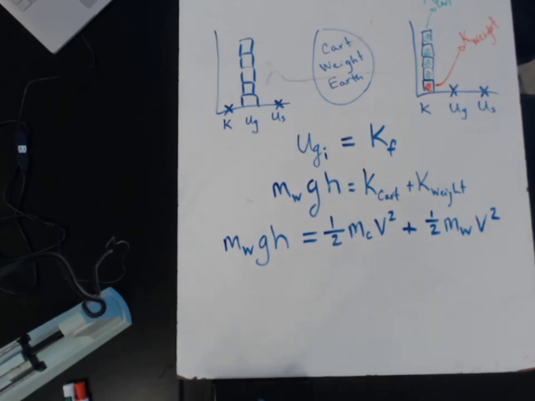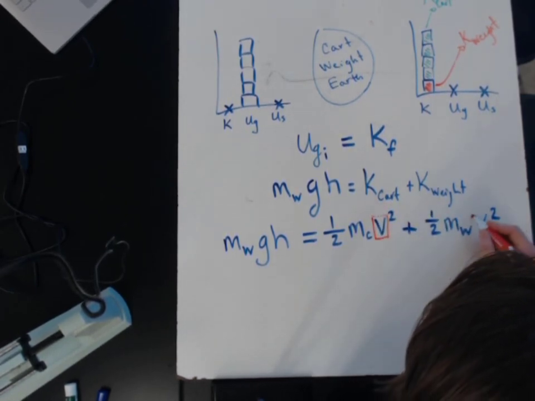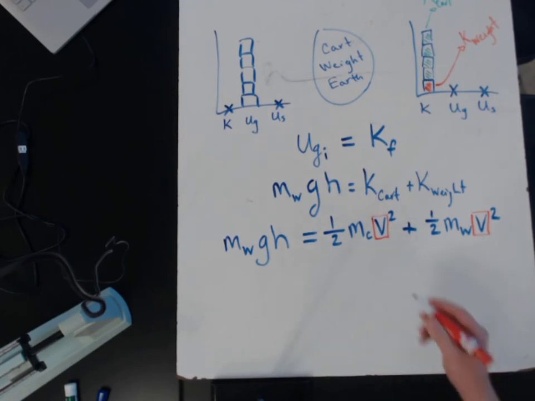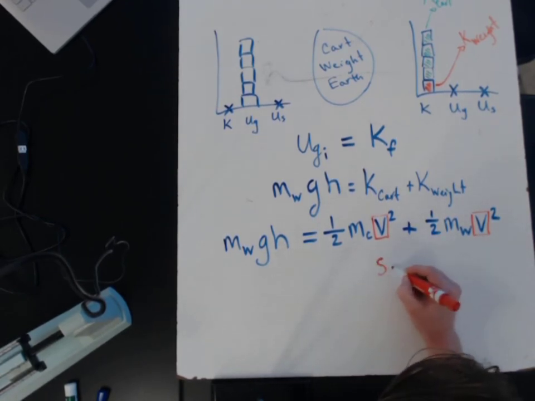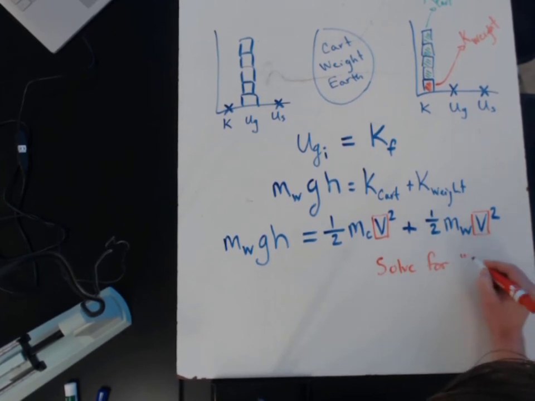So if we're trying to use energy conservation, as we're depicting here, to solve for the velocity, we're going to predict what's the velocity for our cart, which is the same as the velocity of our weight when they get to their final position, and all that gravitational energy has been transformed into kinetic. We need to solve for v.